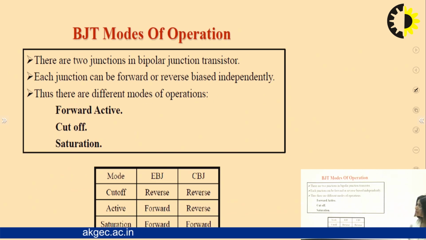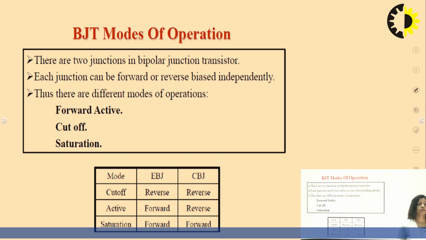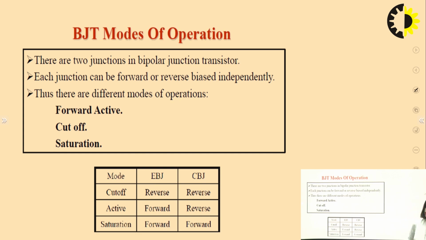Now coming to the modes of operation, depending on the emitter-base and collector-base biasing, the modes of operation can be explained for the BJT. There are two junctions in the bipolar junction transistor, and different modes of operation.